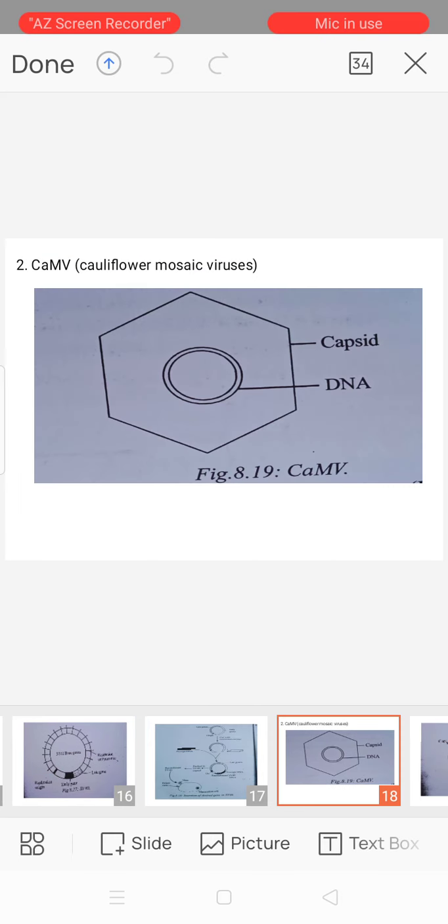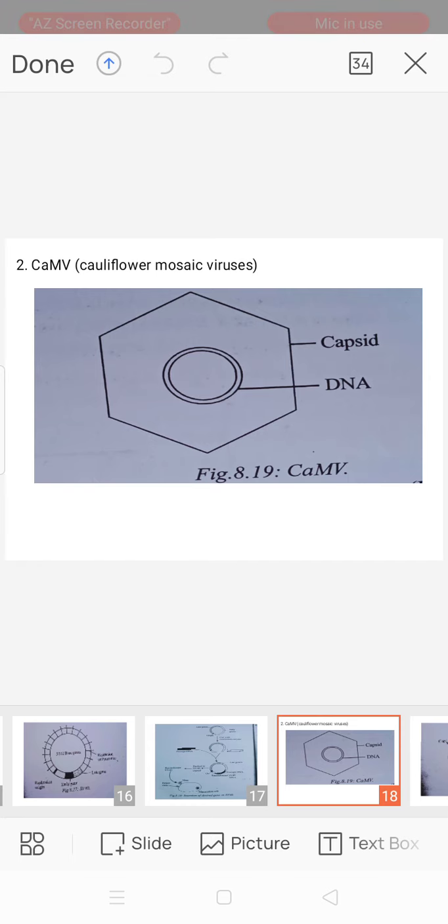And the next virus is CaMV, that is cauliflower mosaic virus. Cauliflower mosaic virus is a plant virus. It is crystal-like, a double-stranded DNA virus.